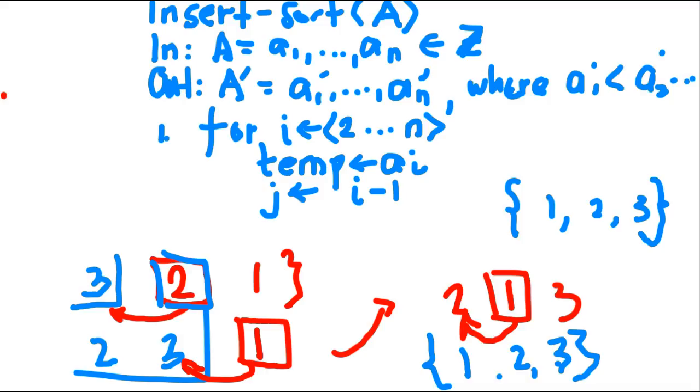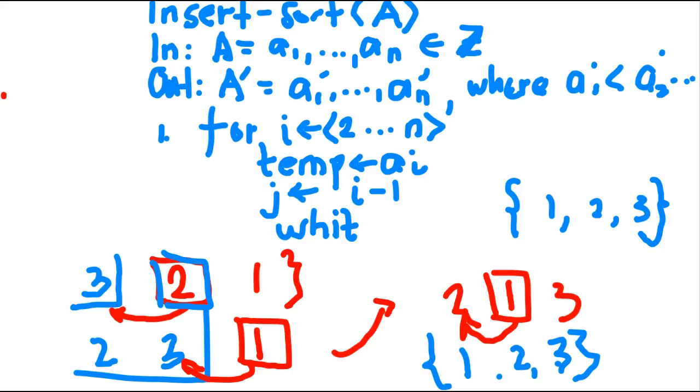And we're going to compare until we insert it in its correct place. So this will be a while loop. The termination condition will be when the position j is no longer within the array.